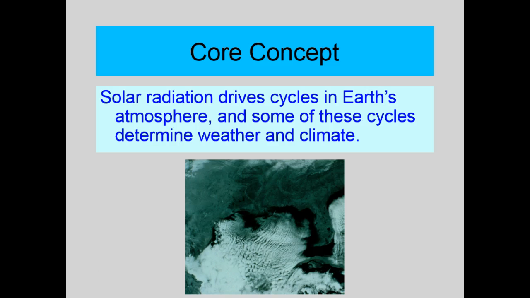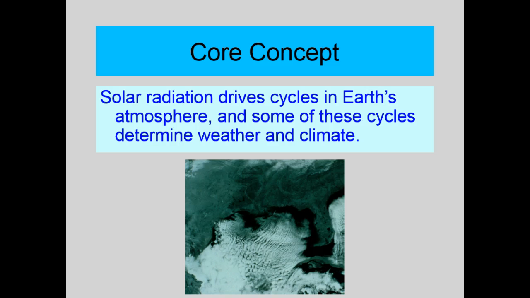What solar radiation does is heat the air around here and cause convection moving upward, and then you have cooler air coming down, and that forms your hurricanes, weather systems, tornadoes, all those kinds of things. That's the solar radiation that drives cycles in the Earth's atmosphere, but other parts are because of the spinning of the Earth. So I wanted to mention both of those.